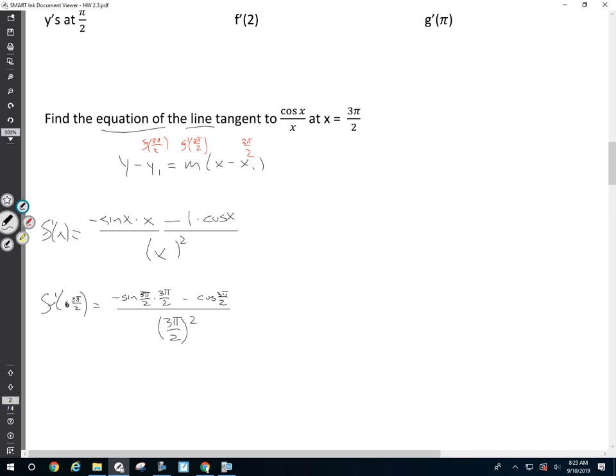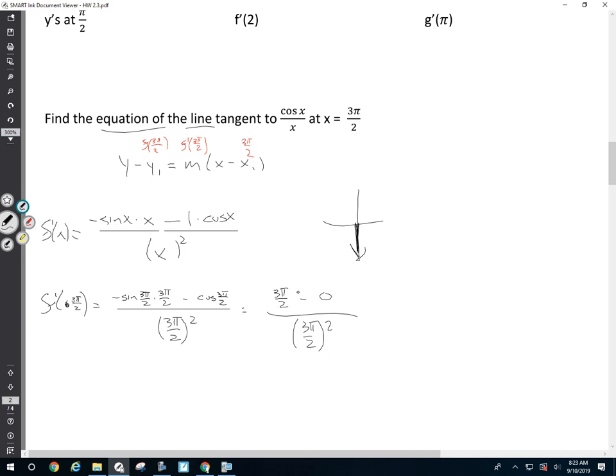Sine of 3 pi over 2 is negative 1. So I got negative 1 times 3 pi over 2. That's just going to be a positive 3 pi over 2 in the numerator here, minus the cosine of 3 pi over 2, which I need to know is 0. Remember, 3 pi over 2 is down here. The horizontal distance is 0. The vertical distance is negative 1. The denominator is 3 pi over 2 squared.